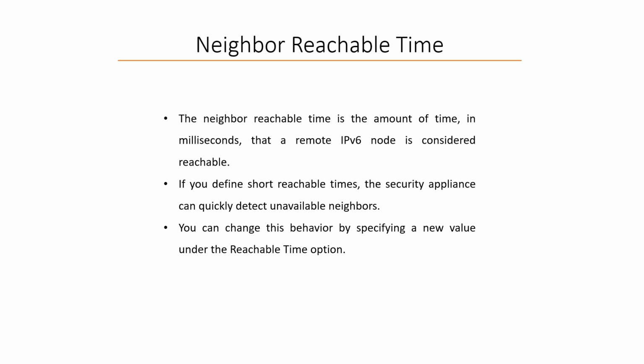However, it adds bandwidth and processing overhead on the IP version 6 enabled device, and thus configuring a short reachable time is not recommended in a typical IP version 6 network. You can change this behavior by specifying a new value under the reachable time option. The default value of 0 indicates that the reachable time is sent as undetermined. It is up to the receiving devices to set and track the reachable time value.